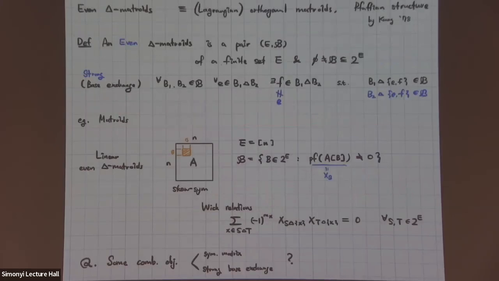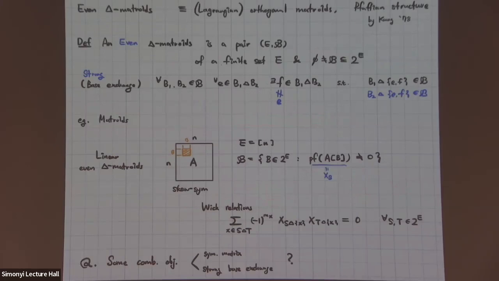For the even delta matroid case, or orthogonal matroid, it is also worth noting that this was actually defined about ten years earlier than the delta matroid, under the name Bouchet's structure, by Joseph Kung. It satisfies the following axiom.